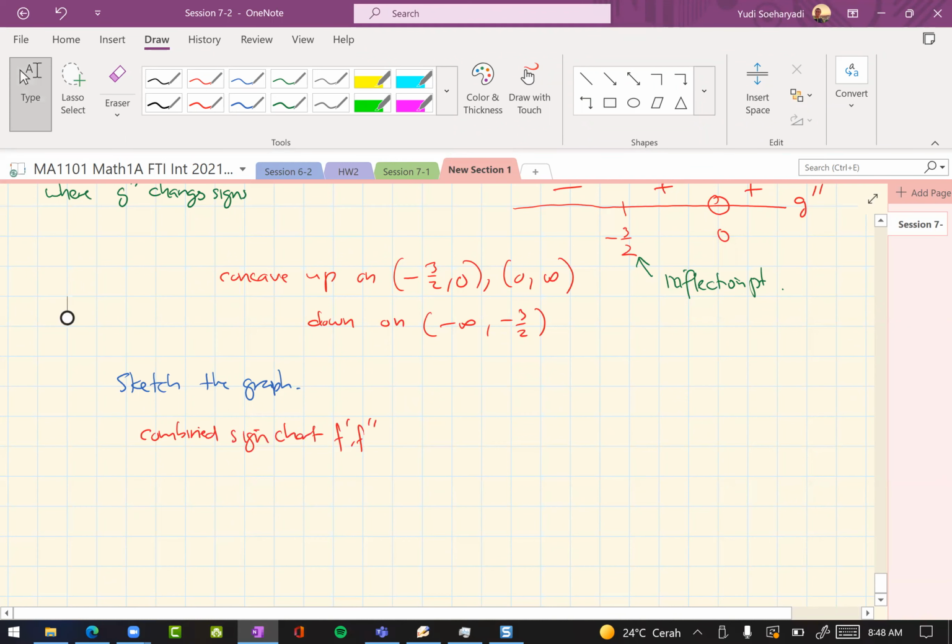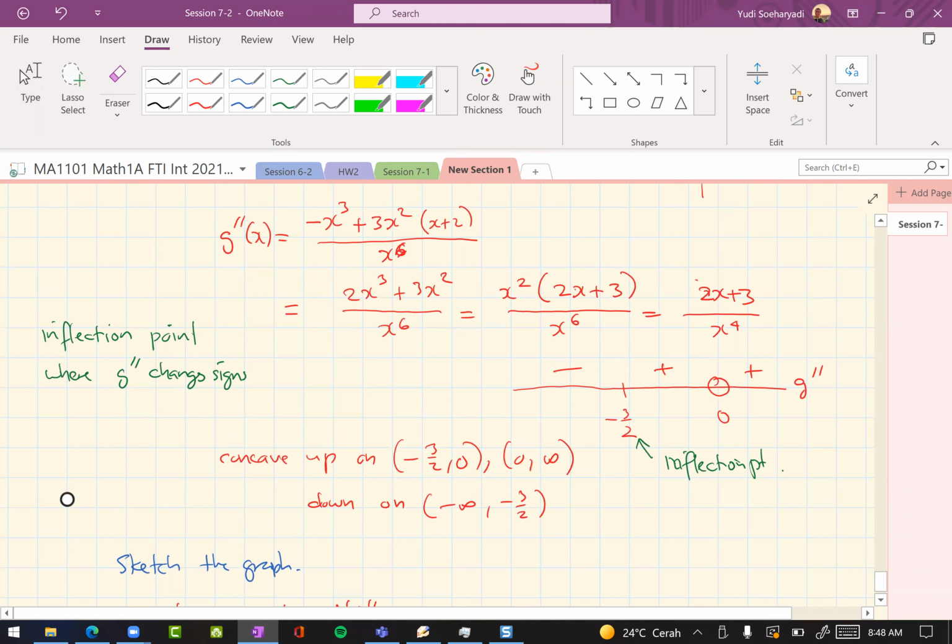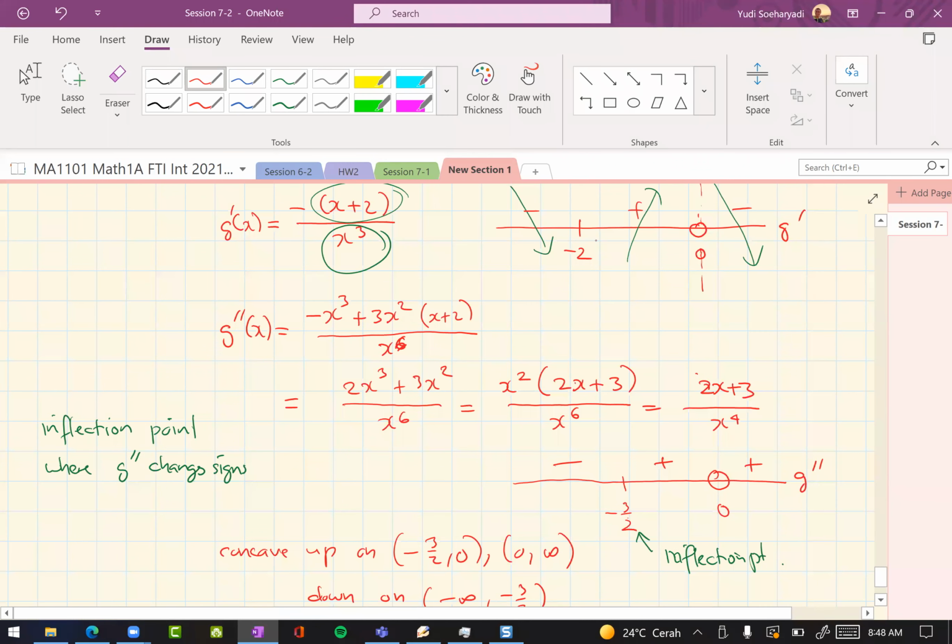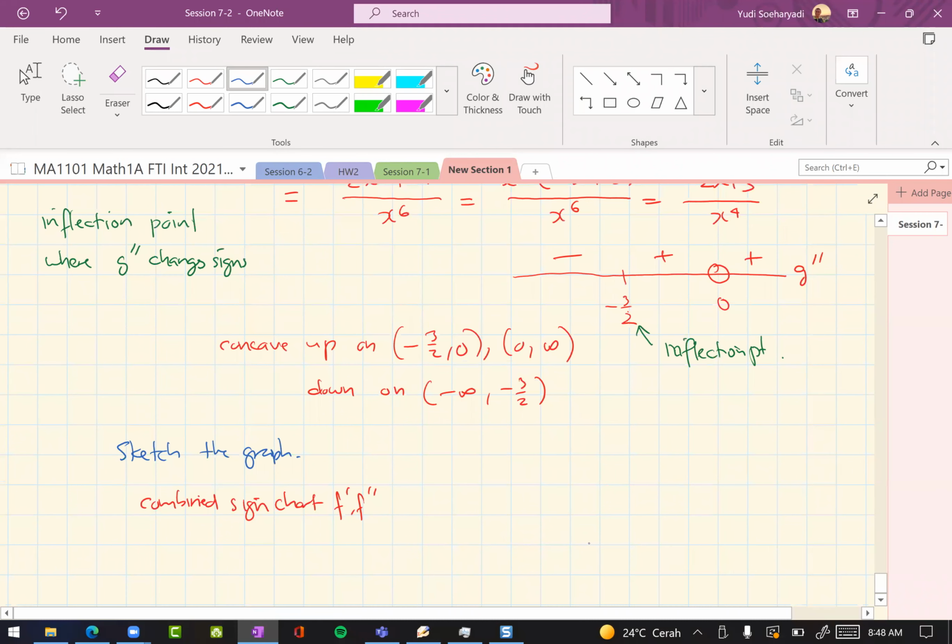Okay. Let's see what numbers we should indicate. So 0, -3/2, -2. Right. So what's the sign?